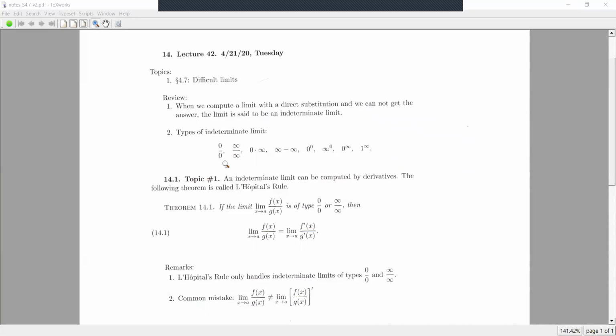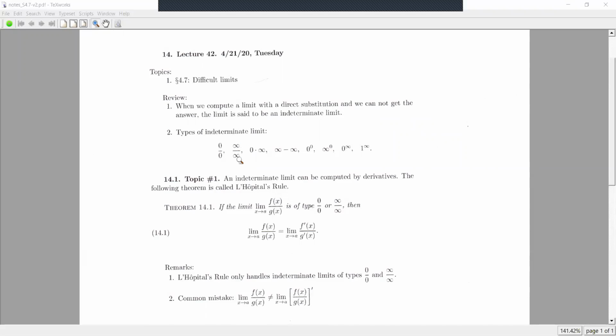If it is 0 over 1 million, we are sure we can tell it is 0. If we get 1 million over 0, we also can determine it is infinity, but 0 over 0, any number can be possible. So we cannot determine what 0 over 0 is.